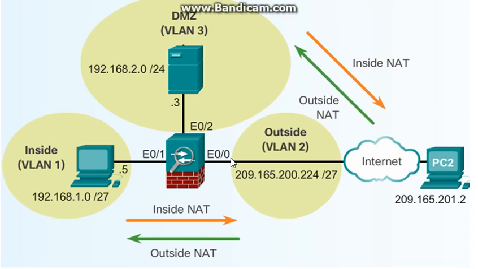This method may be useful to make a host on the outside appear as one from a known internal IP address. And there is another one called bidirectional, which indicates that both inside and outside NAT are used together.